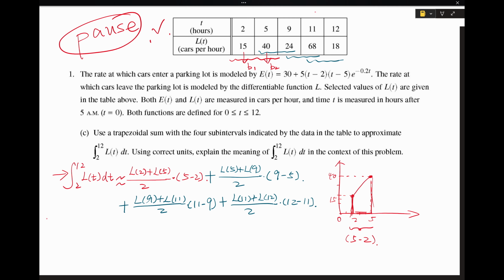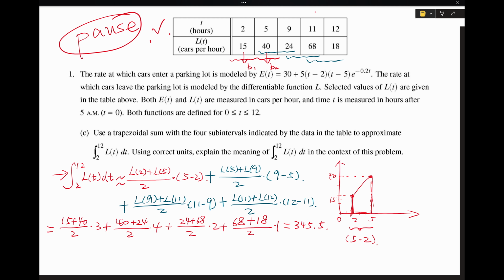Another thing we're going to do is plug in the numbers, okay? Let's say something like this. And by using the calculator, we're going to have the final result to be 345.5.